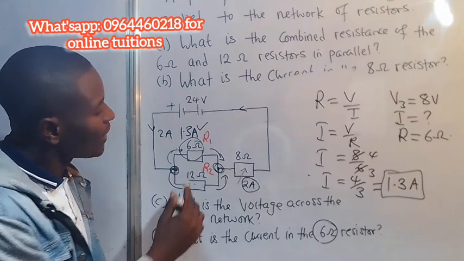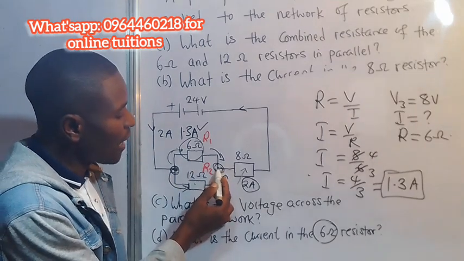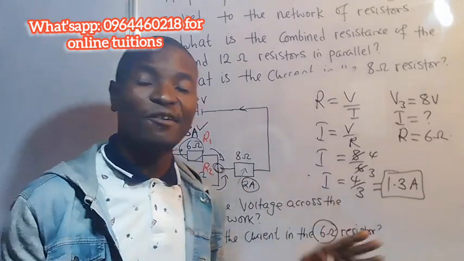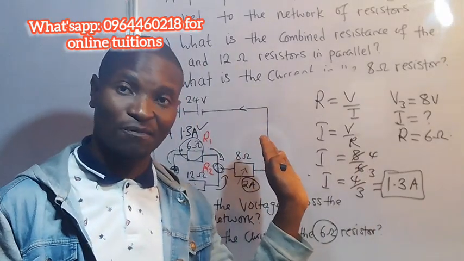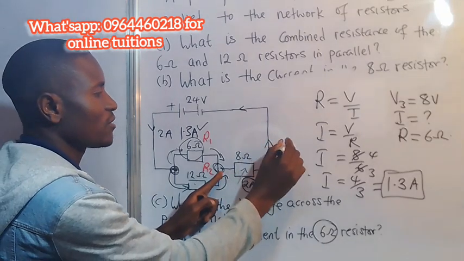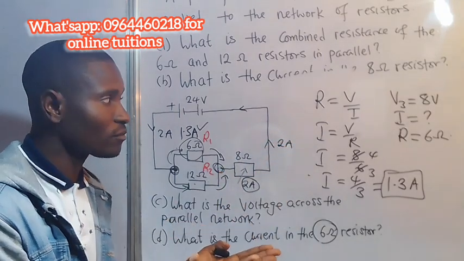But again, when the current reaches this point, it has to recombine before it gets back to the battery. So now, we know that the total current is 2.